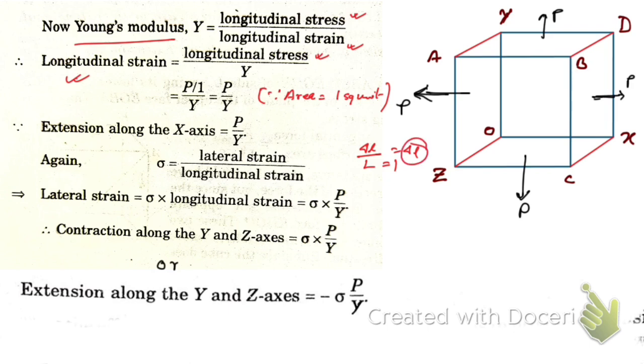Hope you have understood this. So here you see, here we have got extension divided by 1. Original length is 1, so that's why extension along x-axis will be P by Y. Extension along x-axis due to this is equal to P by Y. Now again, this is Poisson's ratio.